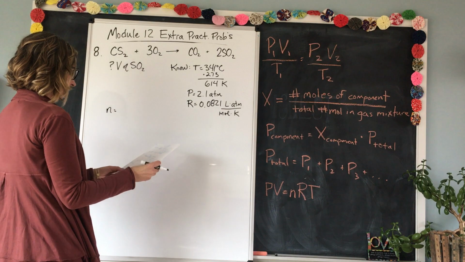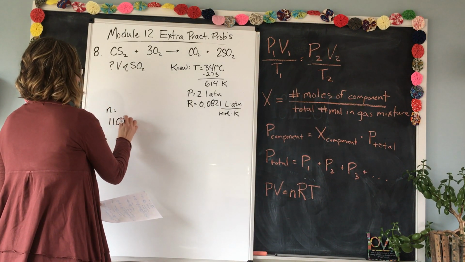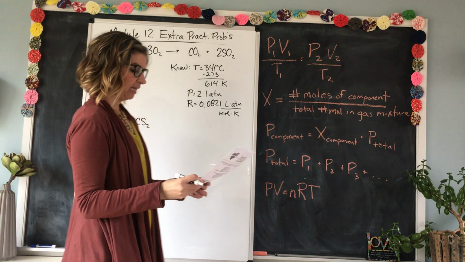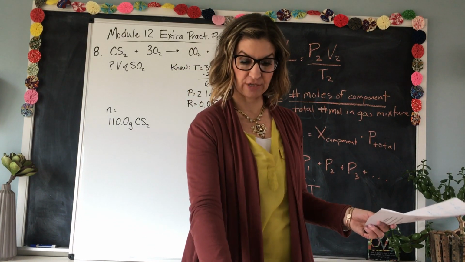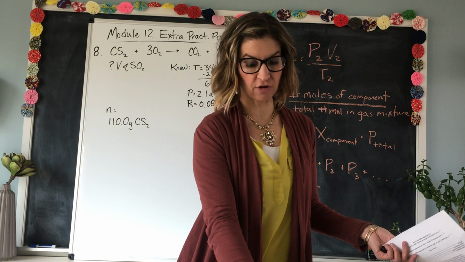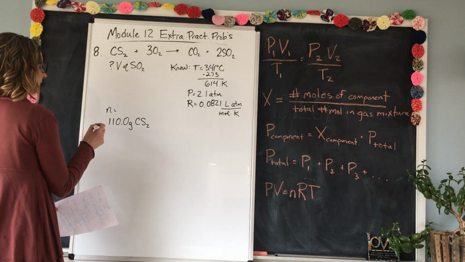It says we start with 110.0 grams of CS2, and we're reacting that with excess oxygen. So CS2 would be our limiting reactant. Let's map it out for a minute.